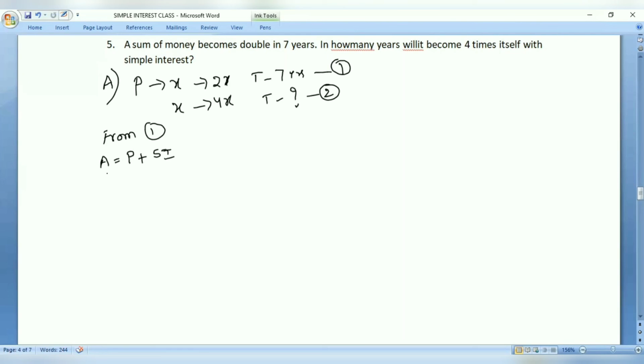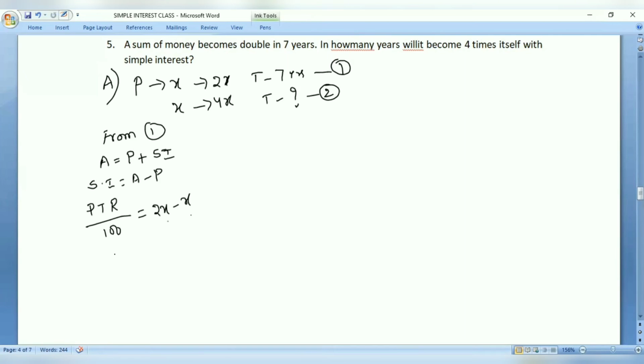With this, simple interest is equal to amount minus principal. Now, what is the simple interest formula? With n written as the time period, PTR by 100 equals the amount, which becomes twice. A principal X amounts to 2 times with a simple interest.